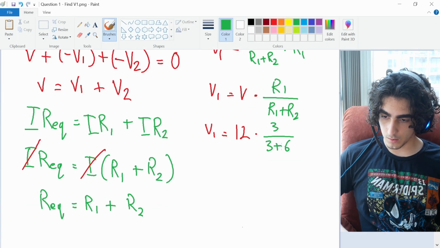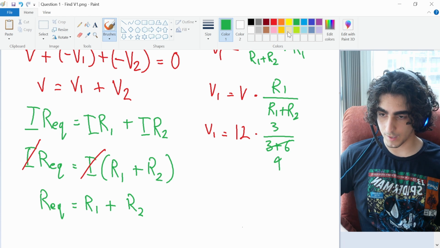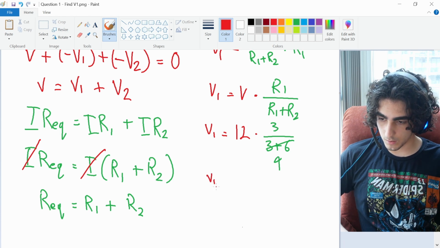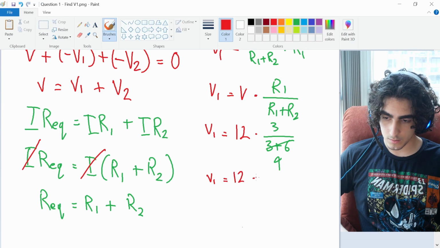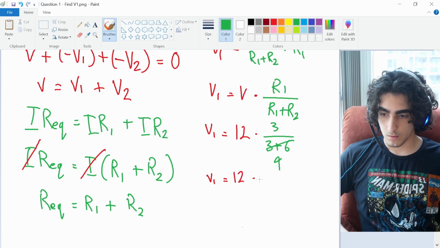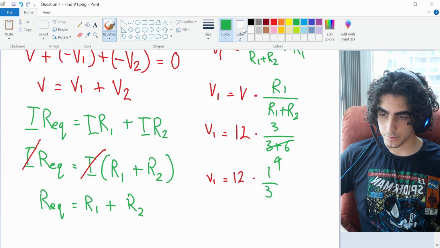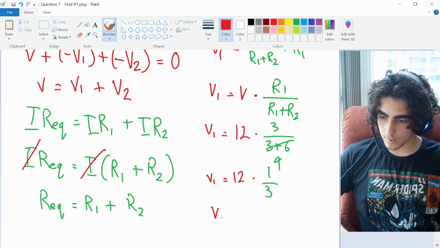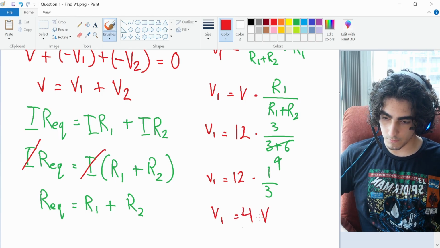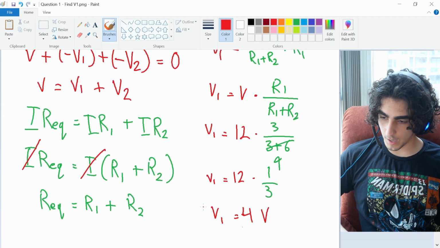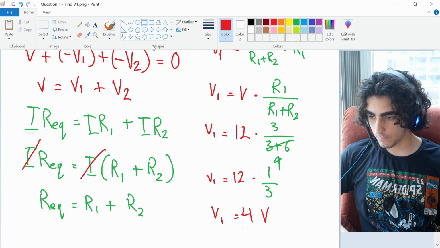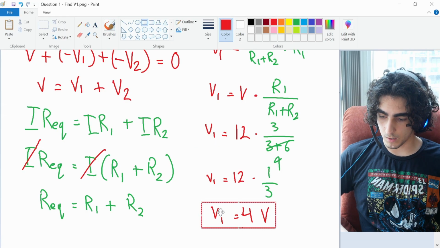So this is just 9. 3 over 9 is just 1/3. So we have V1 equal to 12 times 1/3. So V1 is going to equal 4 volts. And that would be our final answer for V1.